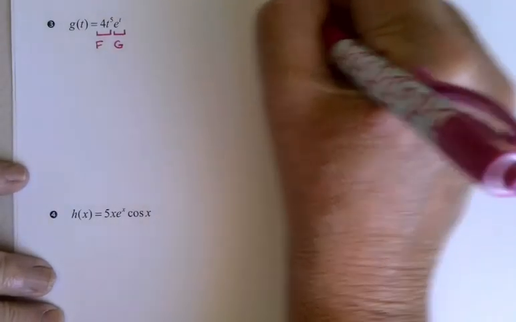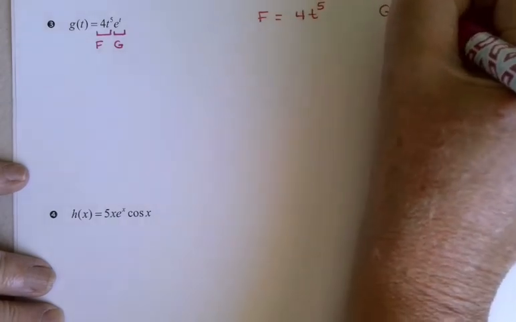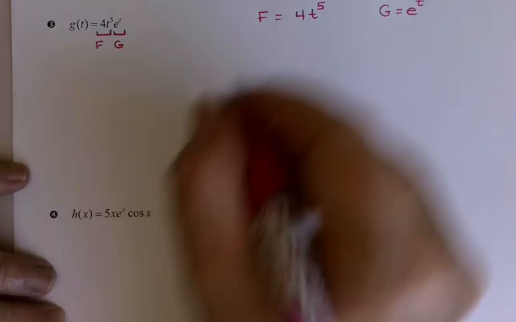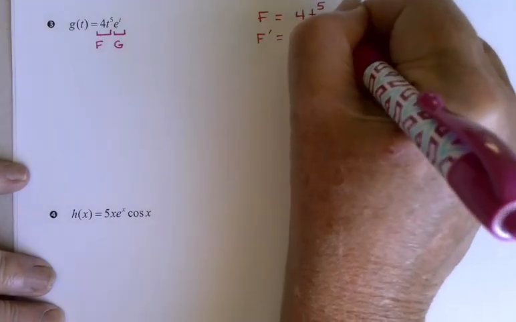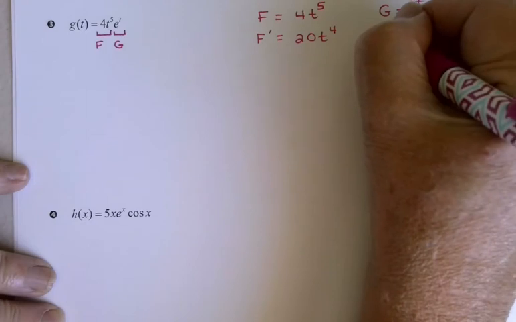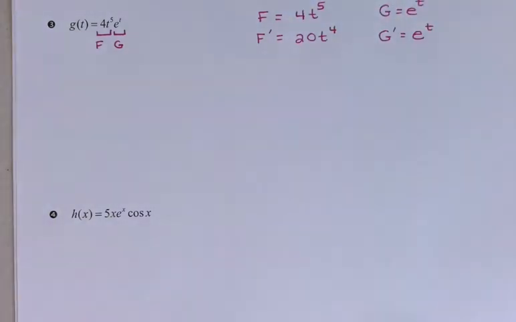So capital F here, I'm going to go with 4t to the 5th. And for capital G, I'll just go with e to the t. F prime is 20t to the 4th. And G prime, derivative of e to the t, is still e to the t.